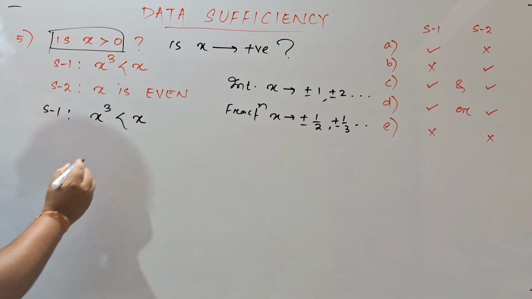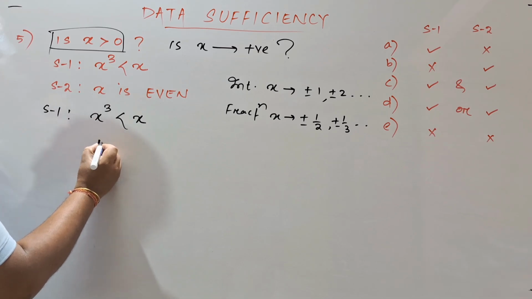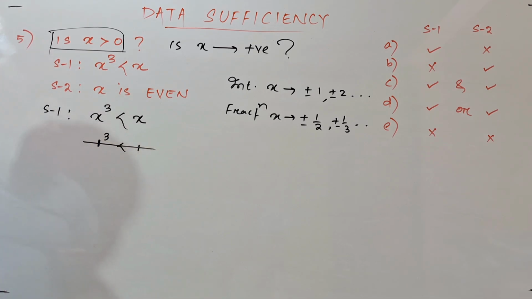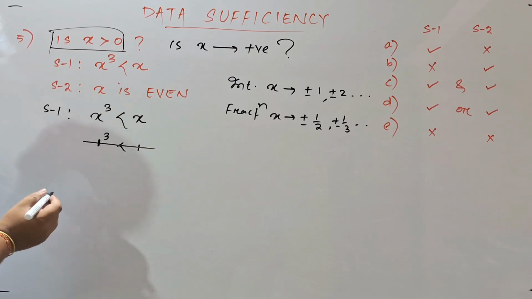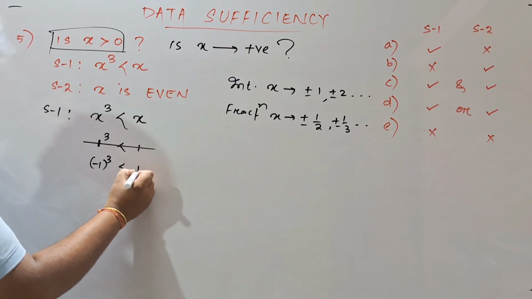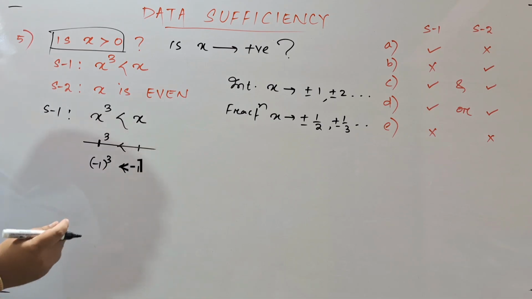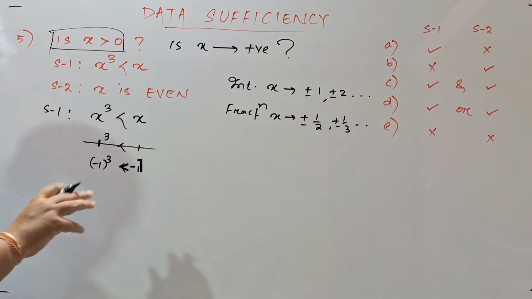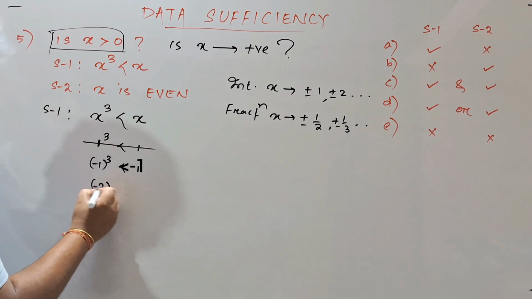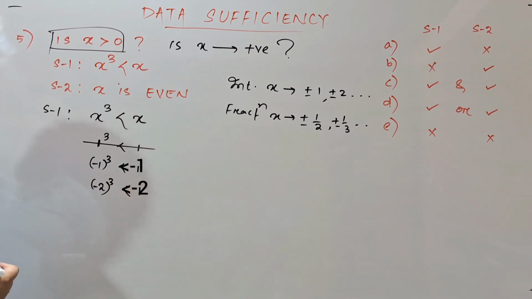For integer, if I take x is equal to 1, 1 cube less than 1, condition not satisfied. Similarly if I consider negative values, minus 1 cube is minus 1, less than 1, yes. Minus 2 cube less than 1, yes.